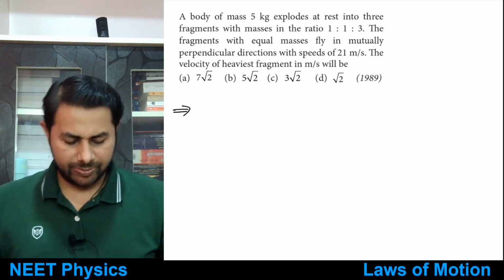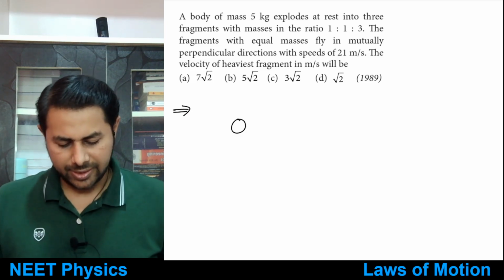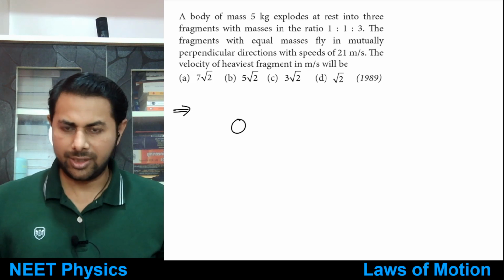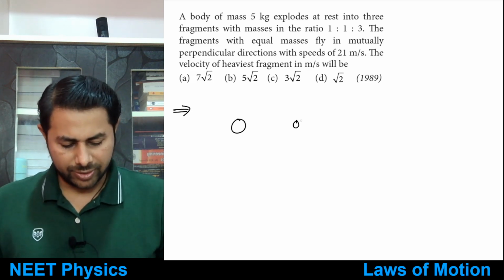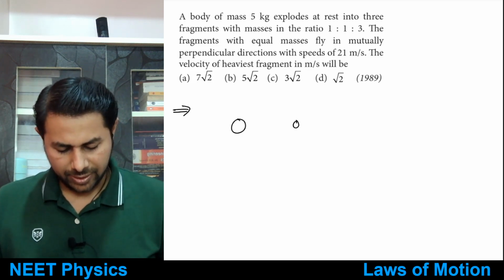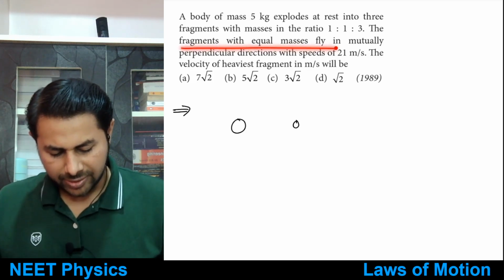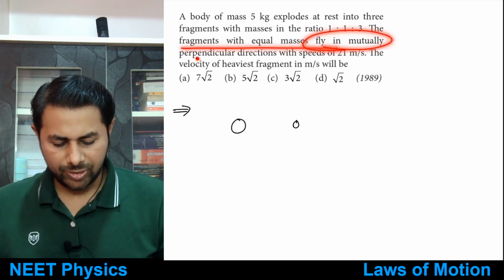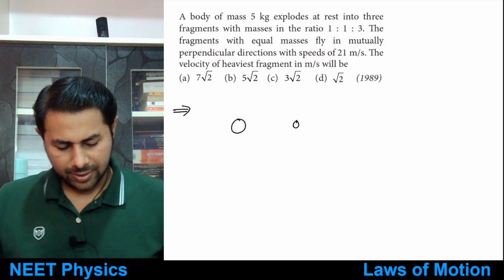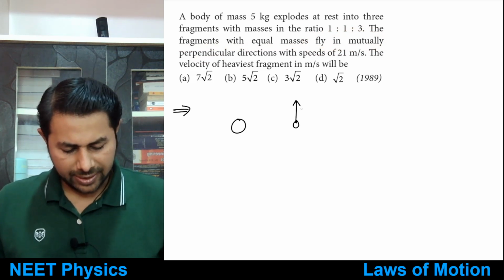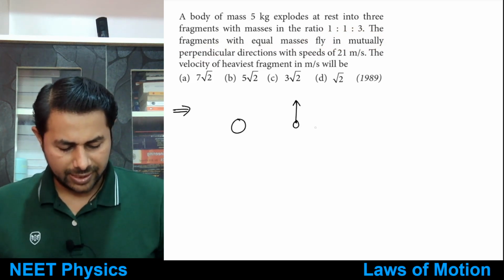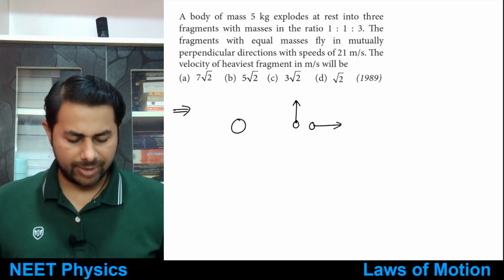Okay, this one I will explain. So see, a body is there and it explodes into 3 fragments. Suppose one goes like this. The fragments with equal masses fly in mutually perpendicular directions. So suppose one flies like this, another one flies like this, they have equal masses.